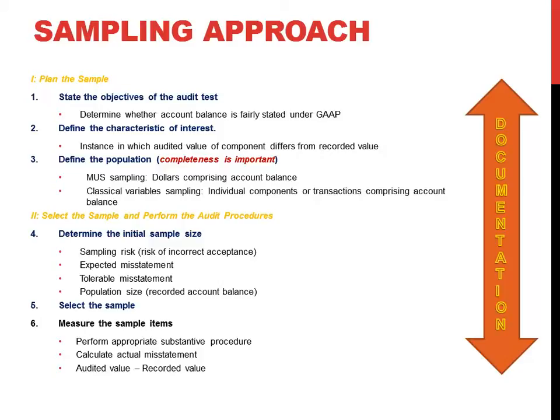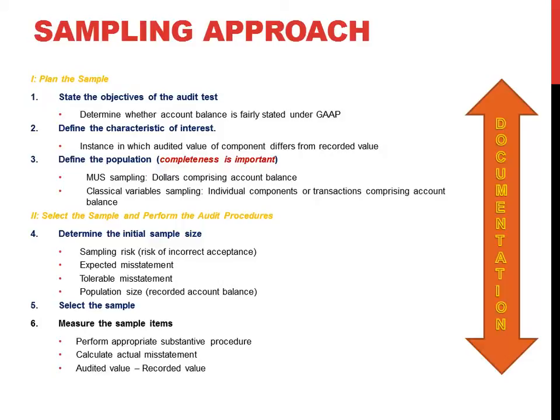You now have to perform alternative procedures, remember? Alternative procedures, and in this case, when we don't receive a confirmation back, we look at subsequent cash receipts, or we look at shipping documents and customer invoices, those types of things, right?